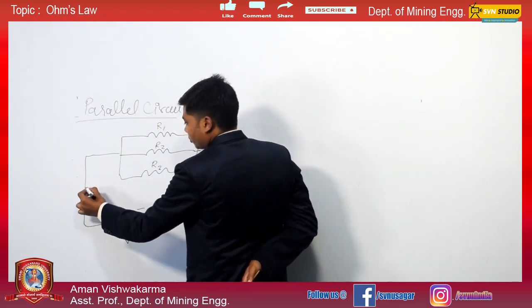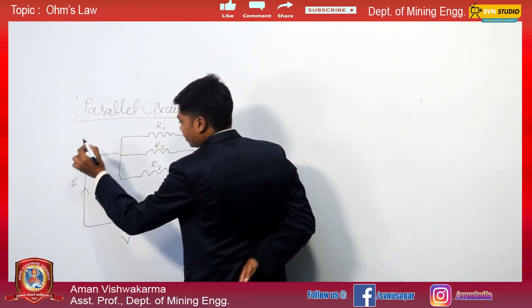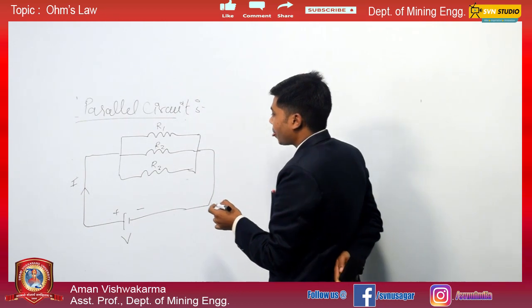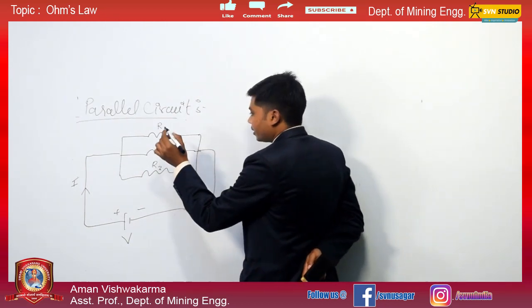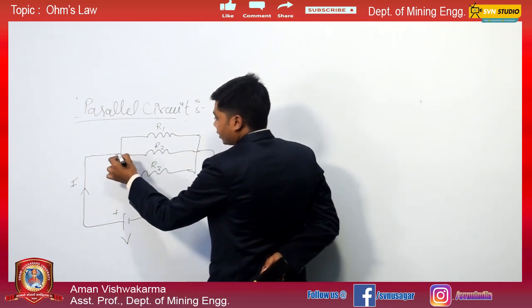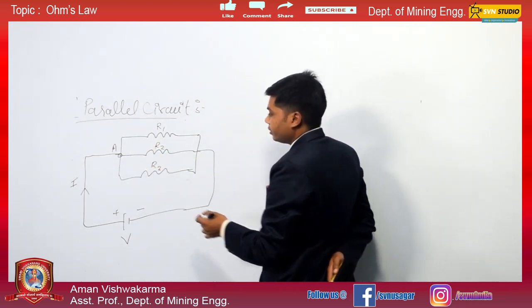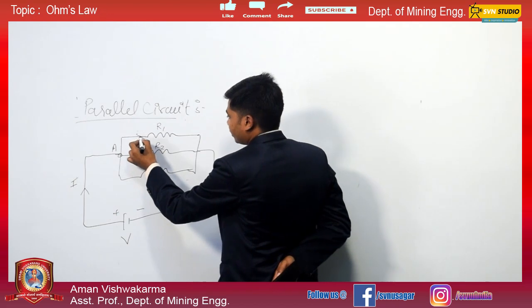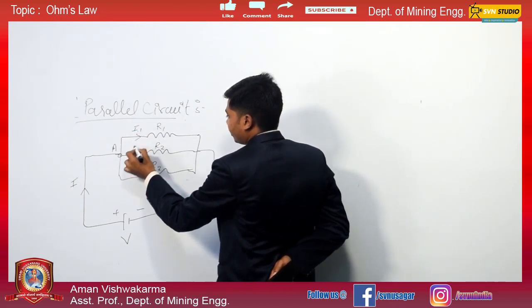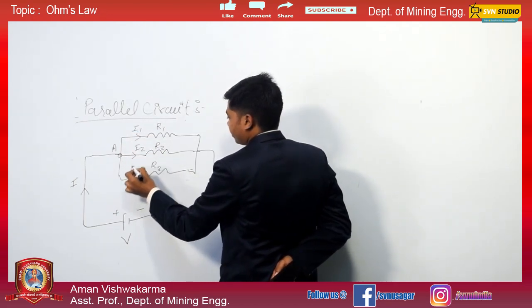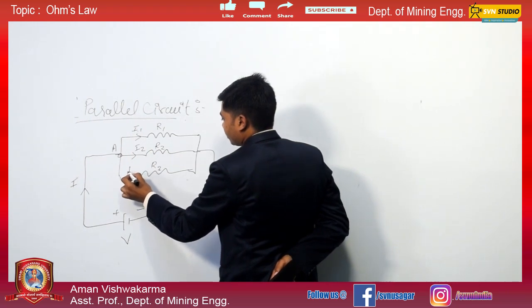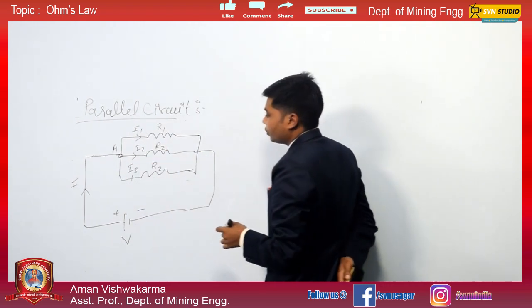Let voltage V be applied to the circuit and current I is again flowing in the circuit, but we can see at point A the current will divide into three parts, that is I1 here, I2 here and I3 here. Okay.